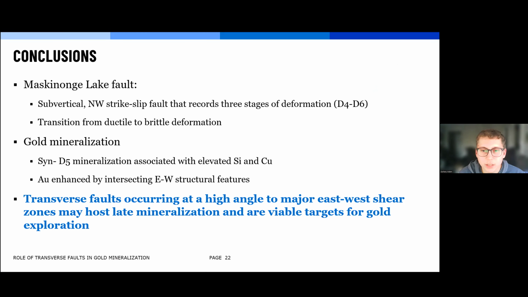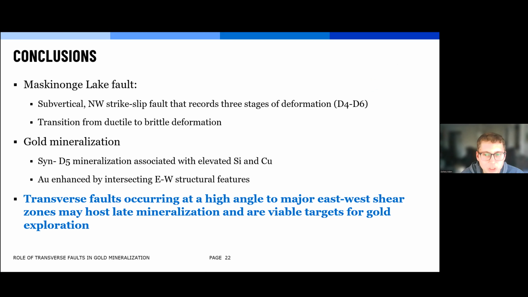So in conclusion then, the Maskinonge Lake fault is a subvertical northwest strike slip fault that records 3 stages of deformation that transition from brittle into ductile, ductile into brittle. D4 is a dextral ductile shearing that corresponds with the initiation of the Maskinonge Lake fault, and it develops as northwest striking subvertical S4 foliation parallel with the fault.